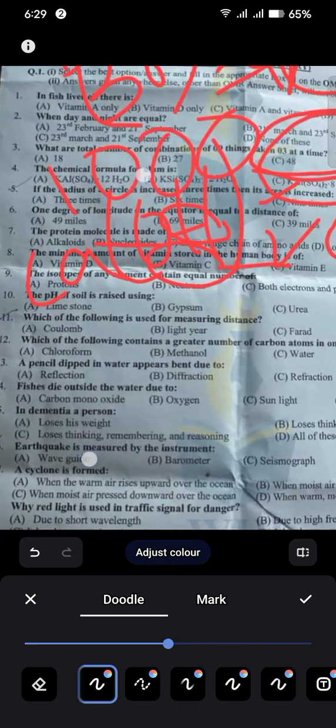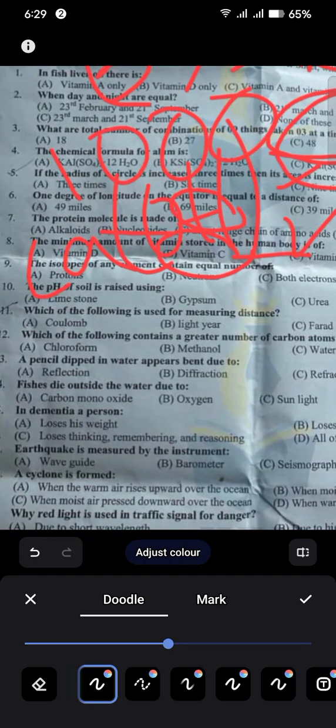If you add calcium carbonate into the soil, it raises the pH, and actually it forms calcium hydroxide. As calcium hydroxide is alkaline in nature, it raises the pH of the soil.